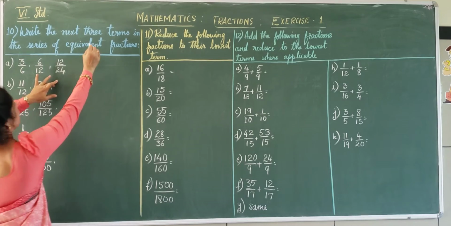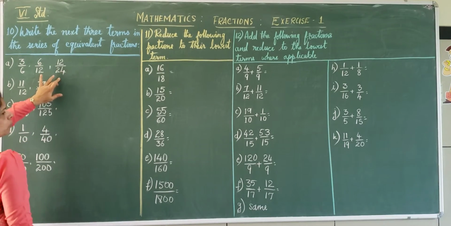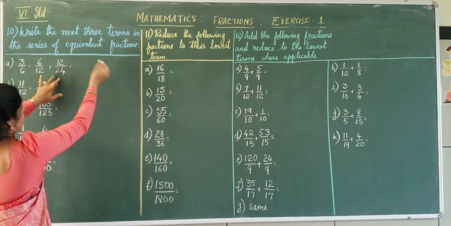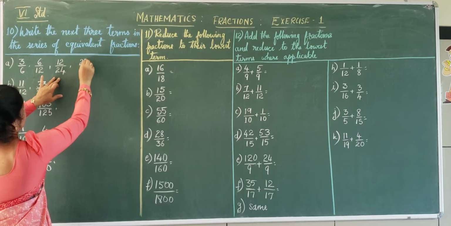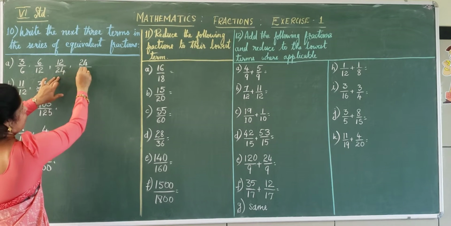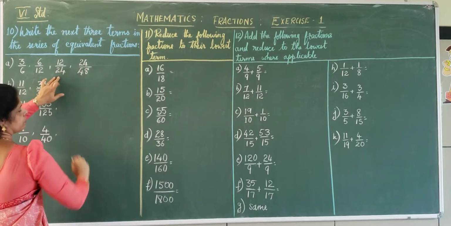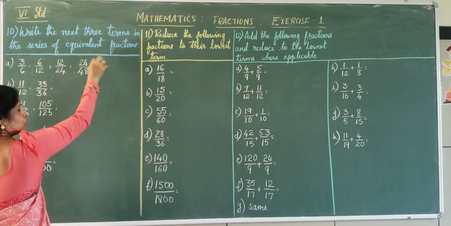Here they have asked for 3 terms in the series. Next 3 terms in the series. So one is over. Now let us go for the next term, the second term. 12 2s are 24 by 24 2s are 48. Next, 24 2s you have to see.